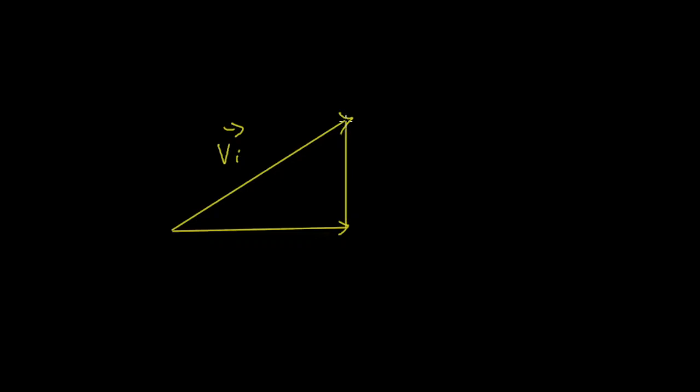Okay, so he throws the rock at an initial velocity, and that has to be broken down into the x and y components. Here's the x component, and here's the y component. We call this one v initial y, and this component is v initial x. And of course, the angle here is 42 degrees above the horizontal.